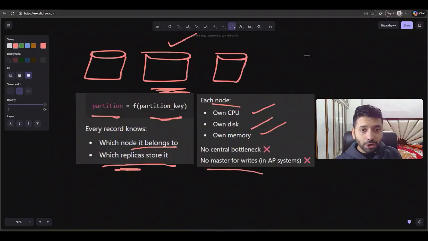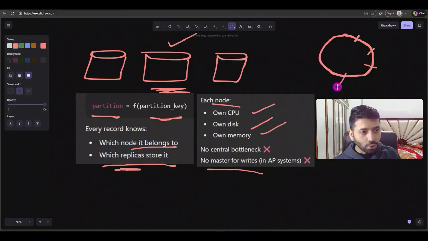Now another important part to remember here is that we use consistent hashing to identify the partition. Okay, all of the nodes are basically part of this circle, or ring, and we will use the consistent hashing approach to identify the node. Now if you want to know in detail about the consistent hashing technique, put that in the comment section.